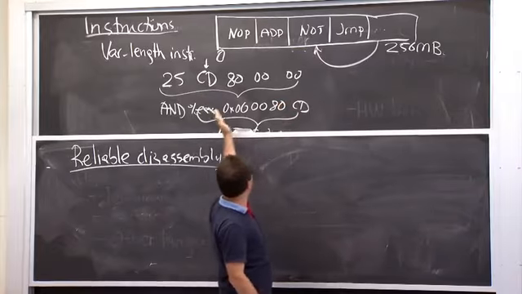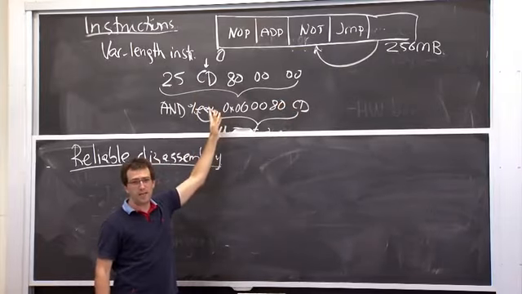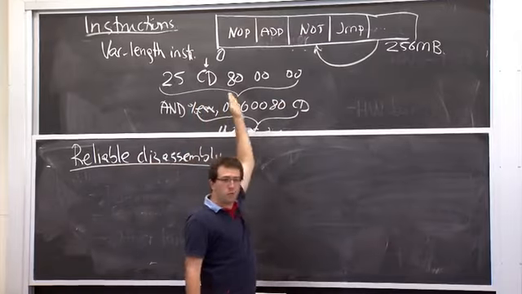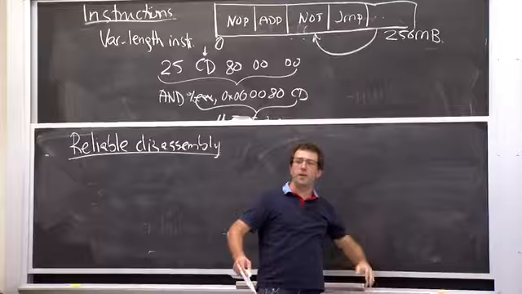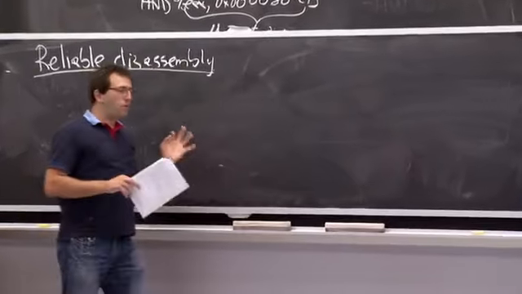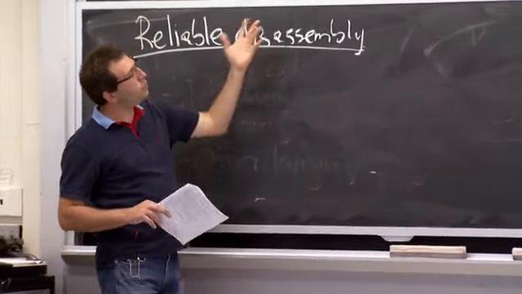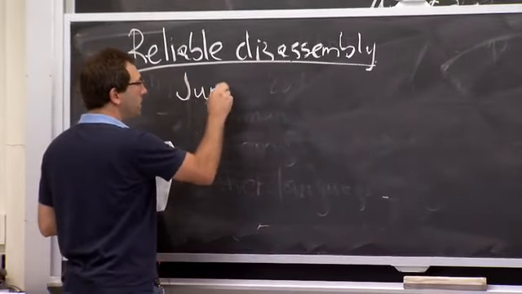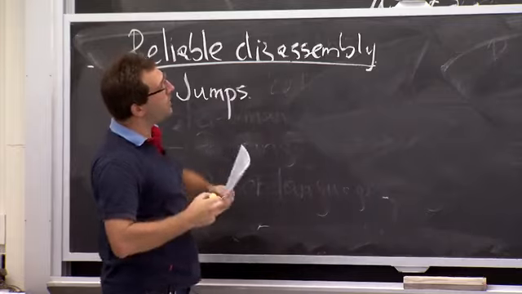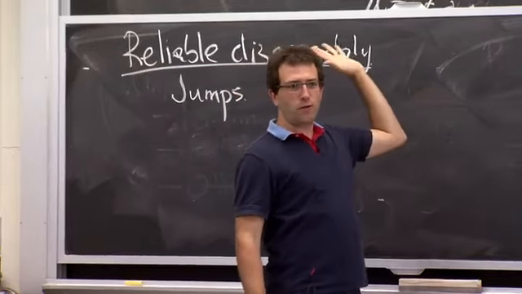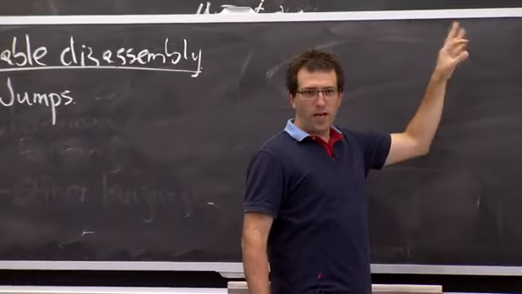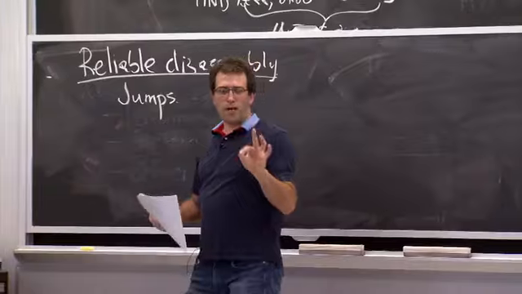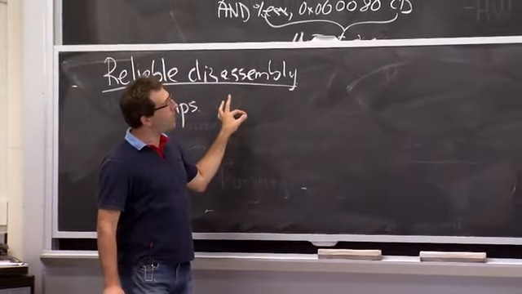Even if there is some weird instruction at some offset, the CPU isn't actually going to jump there if it executes the same way that we're scanning the instruction stream from left to right. So the problem with getting the disassembly to be reliable really comes from the fact that there are jumps. Because if we execute linearly from left to right, then the CPU will follow the same rules that our checker is following and see the same instruction stream. So the problem really comes down to what happens if there's a jump somewhere in the application.